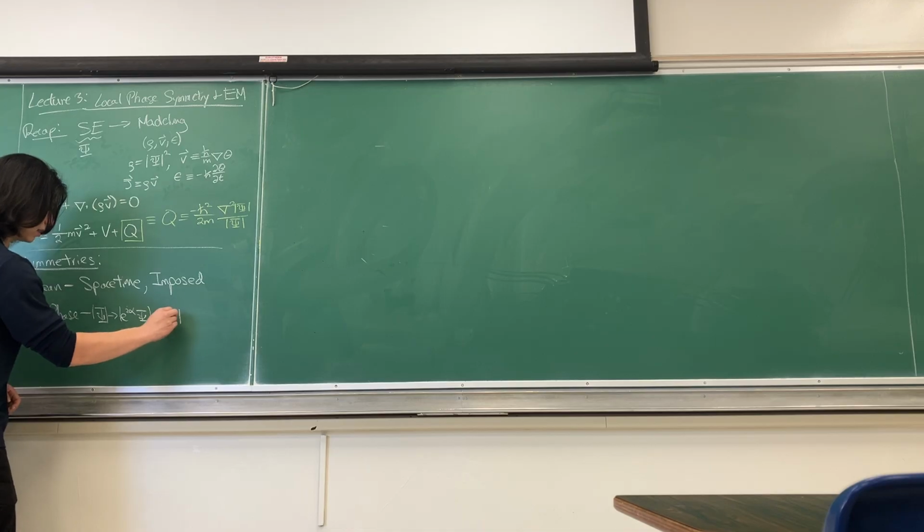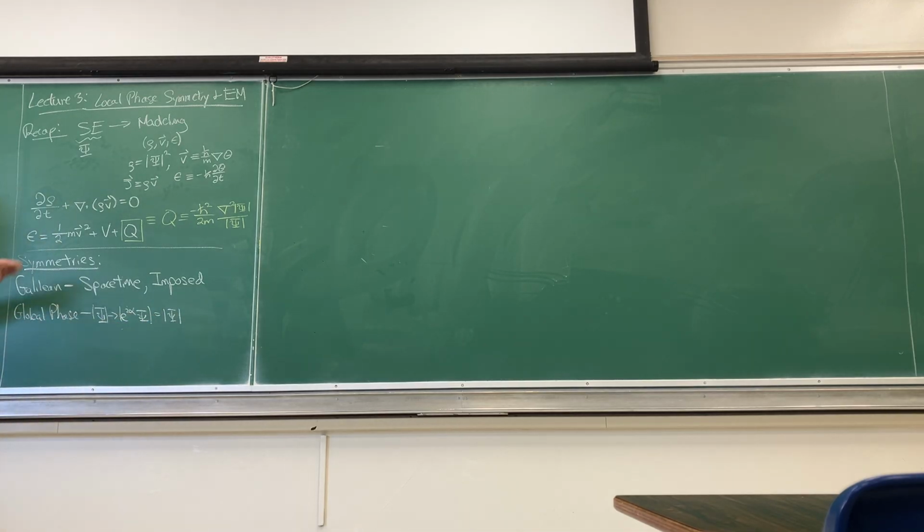Because this is a constant, in all of these equations, you can just factor it out. Rho, of course, doesn't change. And v depends on the gradient of the phase, so the gradient kills the constant.